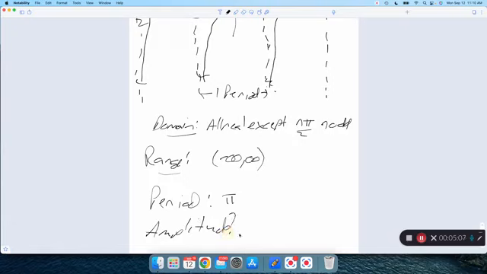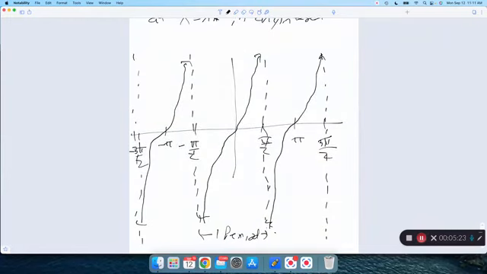Okay, what about amplitude? Tangent doesn't really have amplitude because it goes forever. Sine and cosine, they only go from -1 to 1. They've got a max and a min. Tangent doesn't. The closest thing we have to amplitude is this height right here at halfway between the intercept and the asymptote, which in this case is pi over 4, 45 degrees.